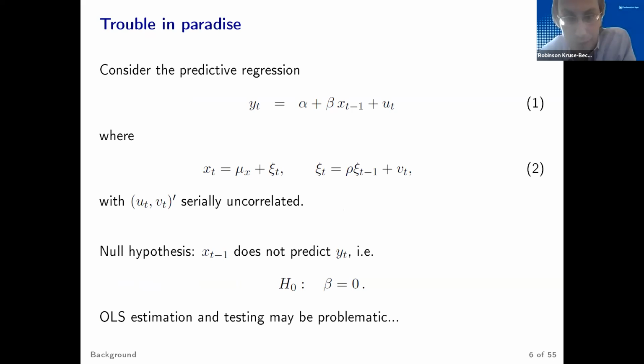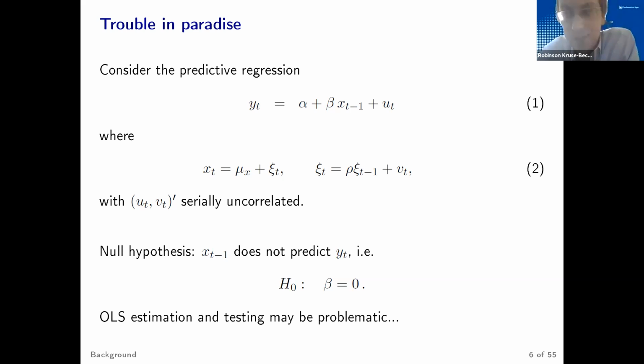While we might assume for simplicity that u_t and v_t are serially uncorrelated over time, we should say something later about their contemporaneous correlation. So u_t and v_t are very likely in this setup not to be uncorrelated.